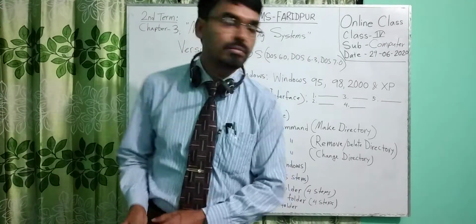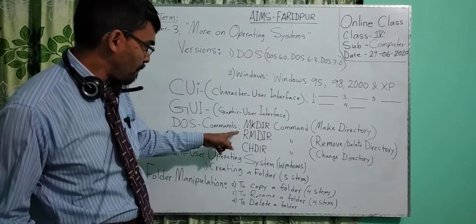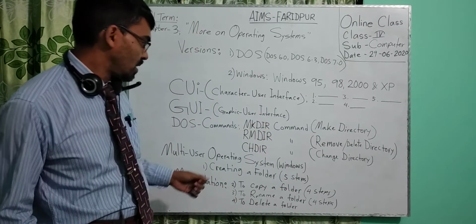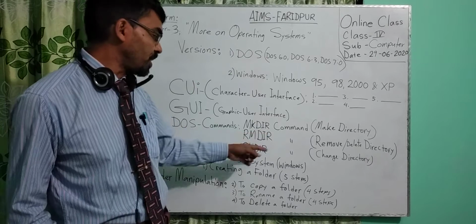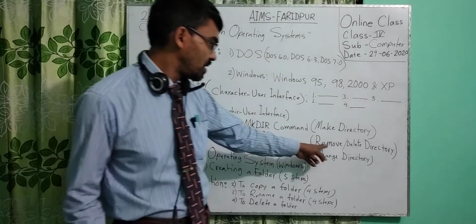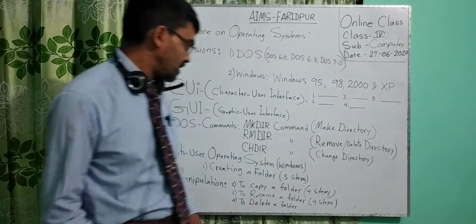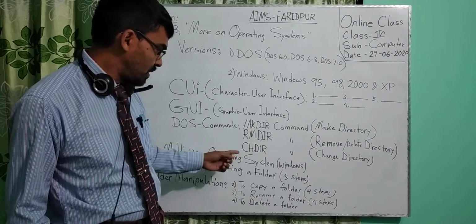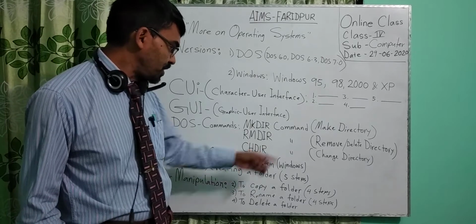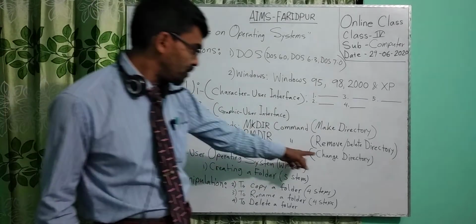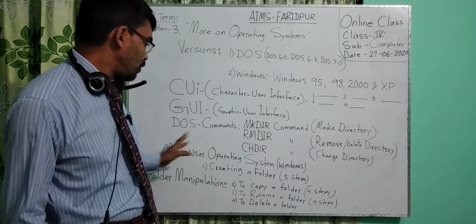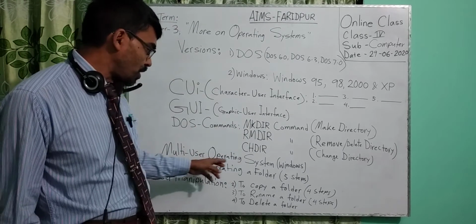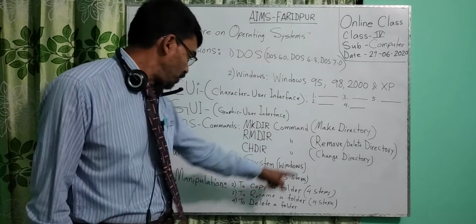Like here I wrote make directory command, then remove directory command, remove or delete directory in short, then change directory. These are DOS commands. And then multi-user operating system, that is Windows.